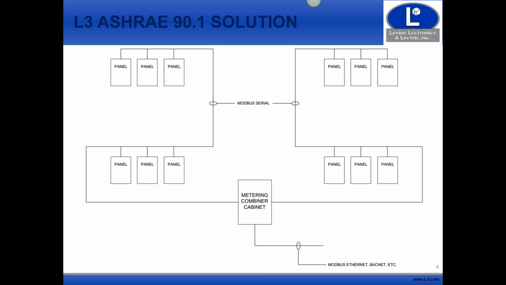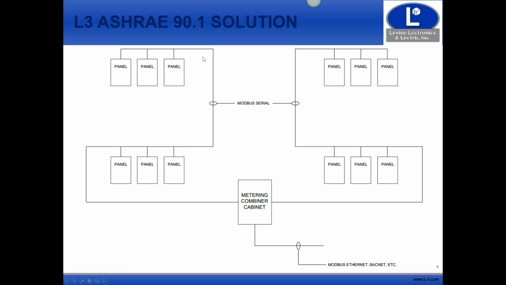You've got multiple levels, and you're going to be connecting these electrically with conductors, but also from a communication standpoint, and you can use the same chases and go through the same way. So here's our metering combiner cabinet down here. All the cabling I have shown here is Modbus RS-485 2-wire Belden or equal type cabling.